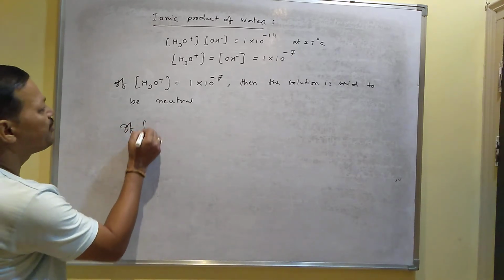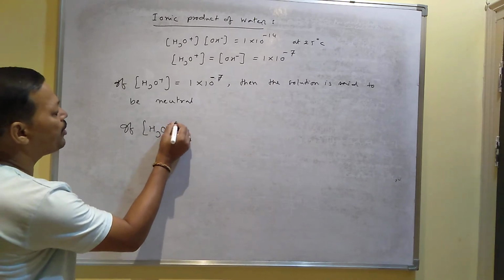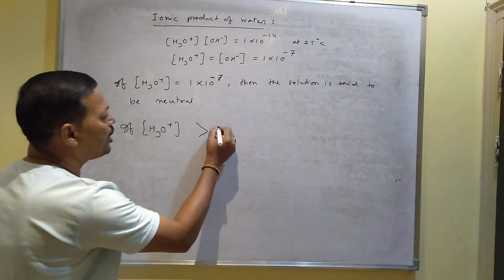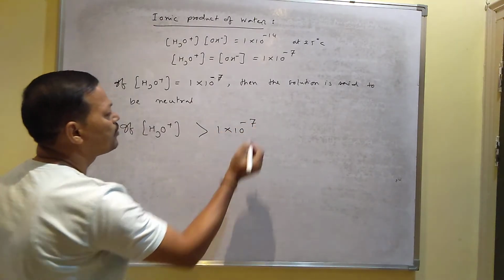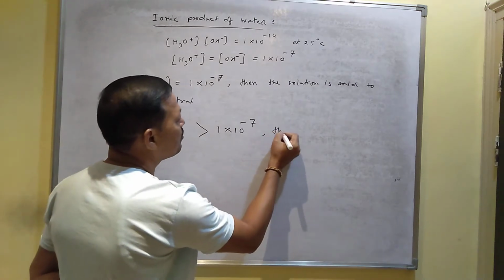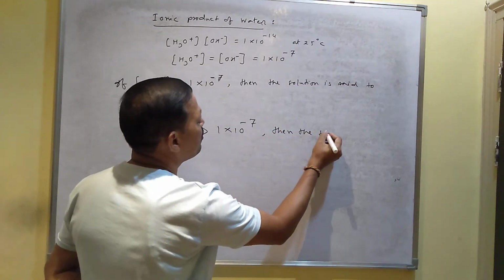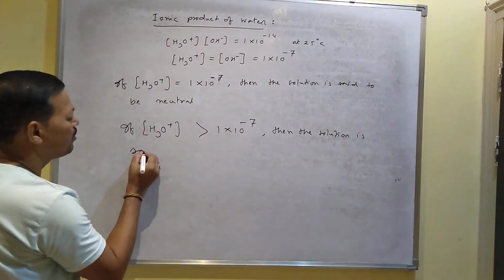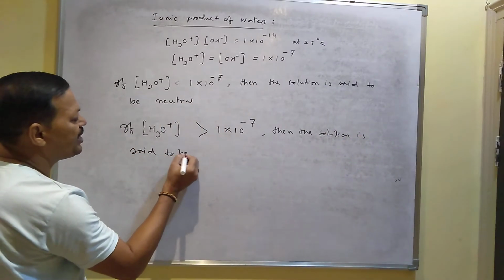Similarly, if the concentration of hydronium ion is greater than 1 into 10 to the power minus 7, then the solution is said to be acidic in nature.